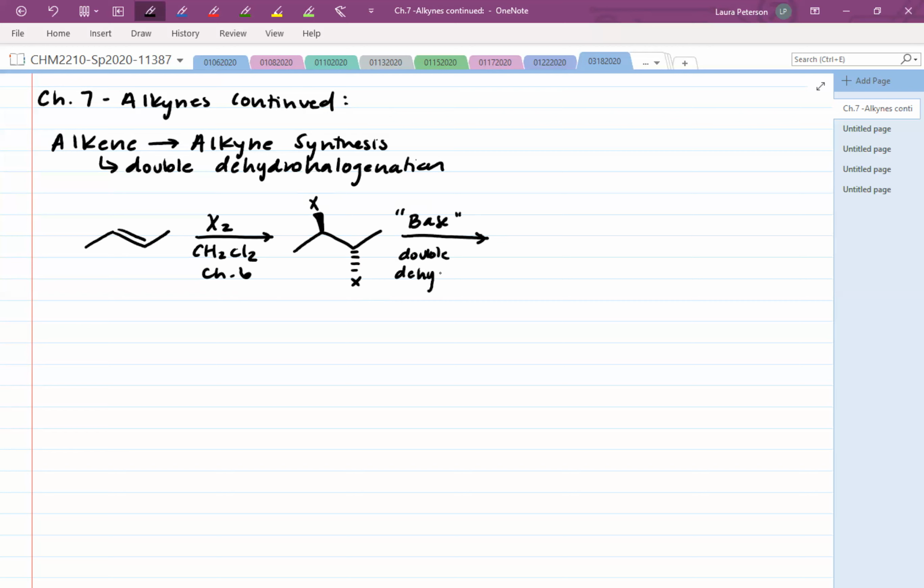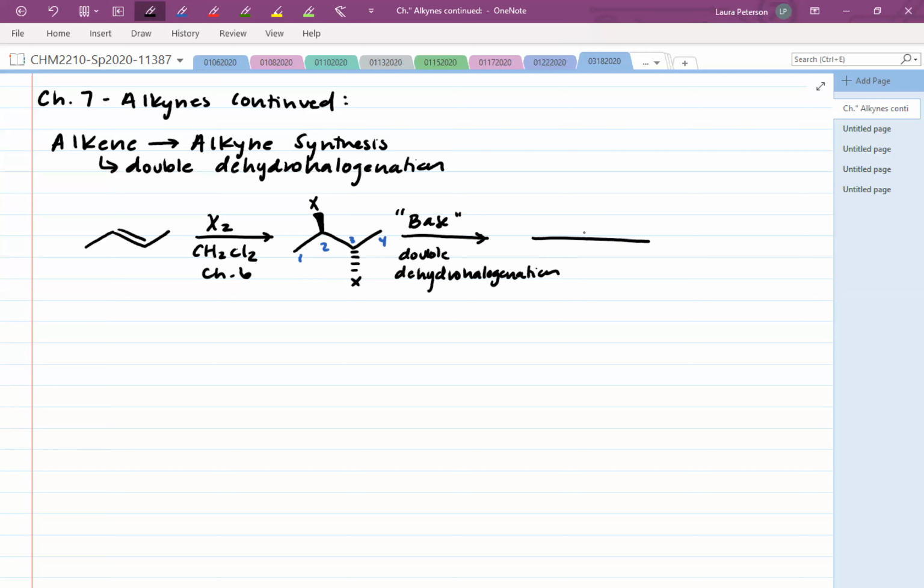Basically, what we're going to do is remove HX twice to form first a double bond and then a triple bond. Let's look at the products of this reaction. Let me count my carbon chain so we can follow what's going to happen.